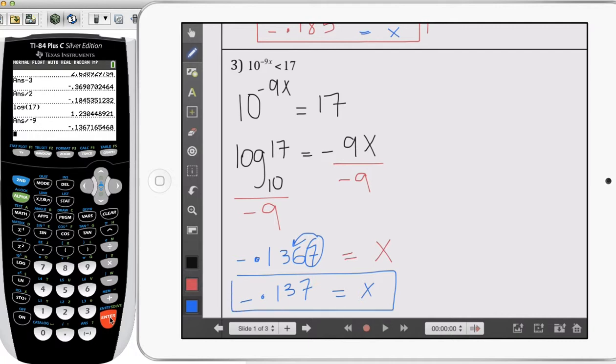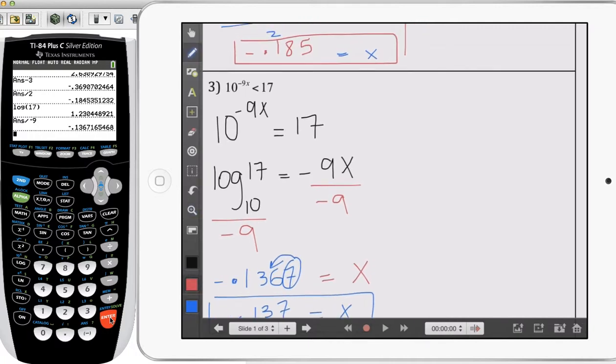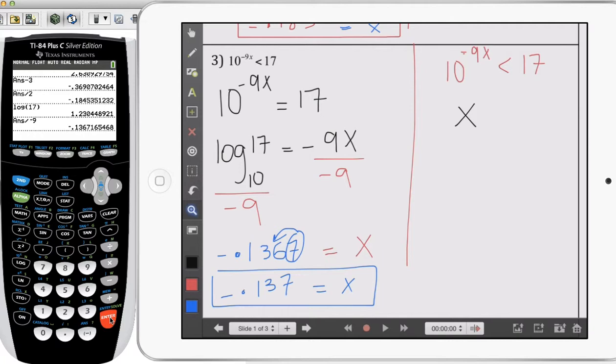Now again, let's go back to our inequality. We have to follow our inequality to write down my final solution. As you can see, x is on the left side, so I'm going to keep x on the left side. Usually you follow your inequality, but you have to pay attention here because x has a negative coefficient.